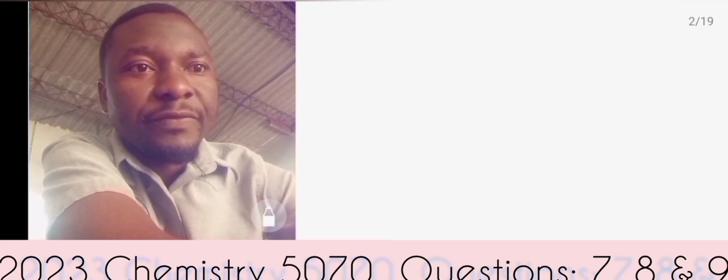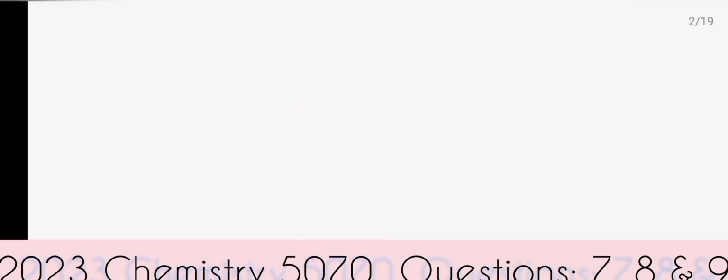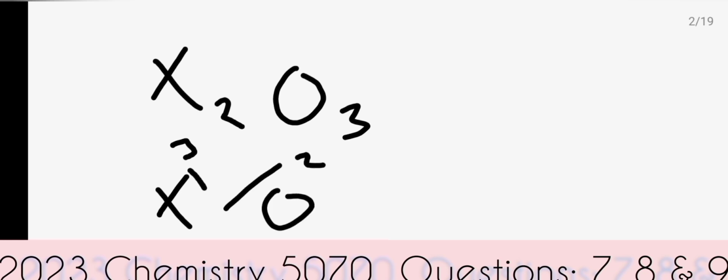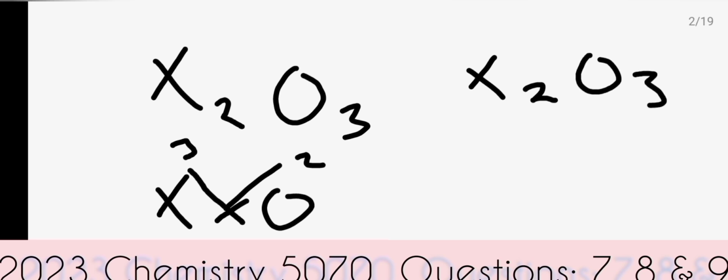What we need to do first is to know that metal X has this oxide given to us, and what this means is that X has a valence of 3 and O has a valence of 2. When they swap valences, that's when we end up with the chemical formula X2O3, or X oxide.